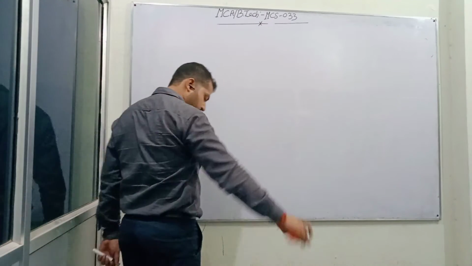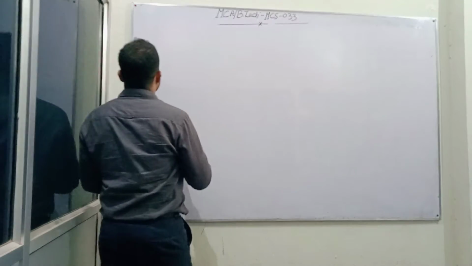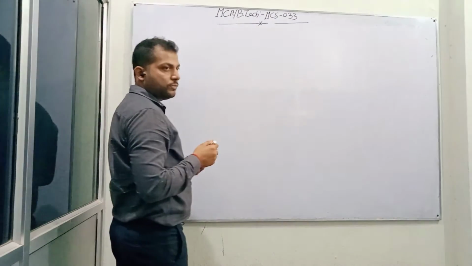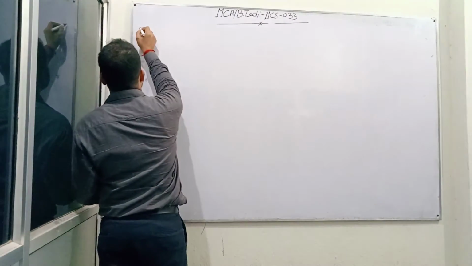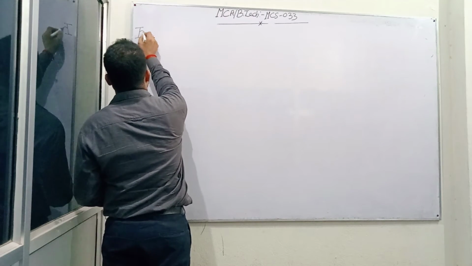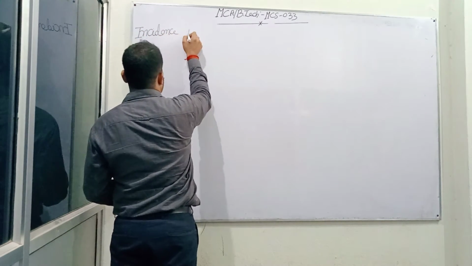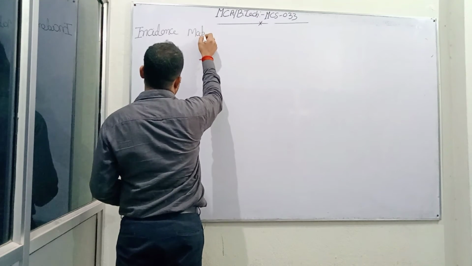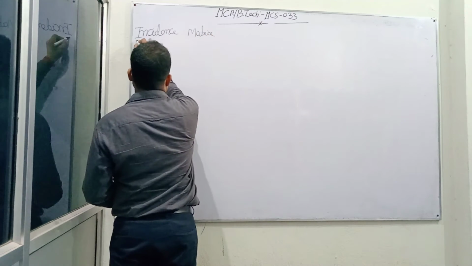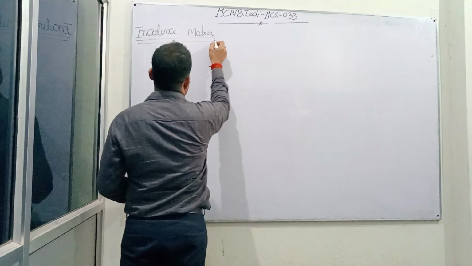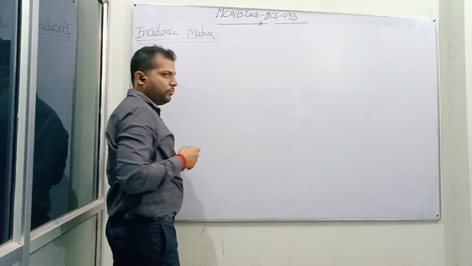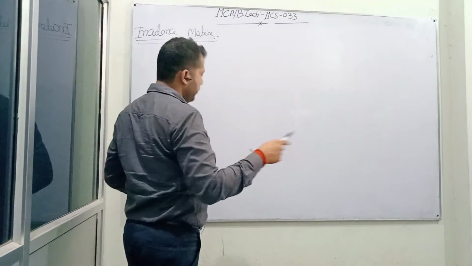Here we are going to write the incidence matrix. Suppose some edges have direction and some do not, such a single graph can be made. So right now, first of all, note down incidence matrix.